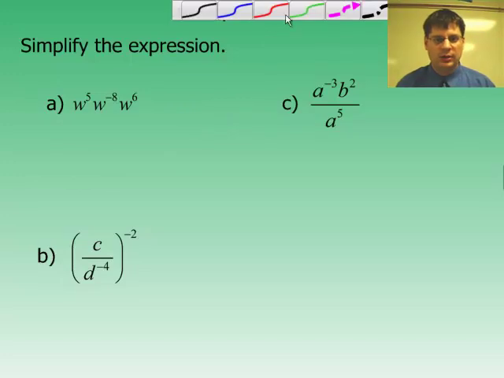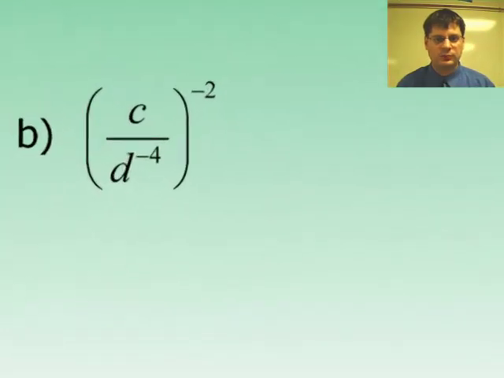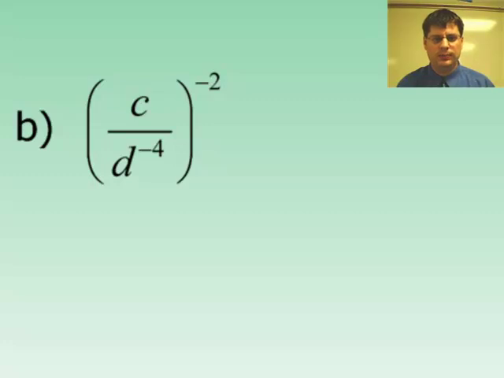Okay, the next one, let's see, B. Let's take a look at this one. So I'm just going to try one approach with this, and then I'll let you determine what would work best for you. I'm going to go ahead and use the power of a quotient here.